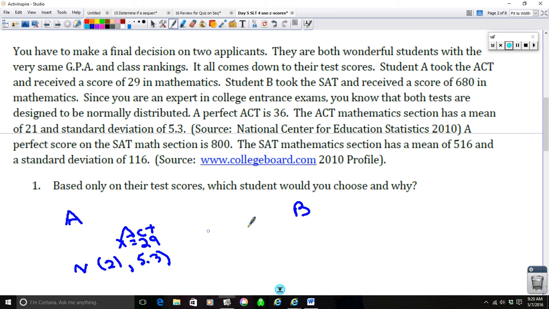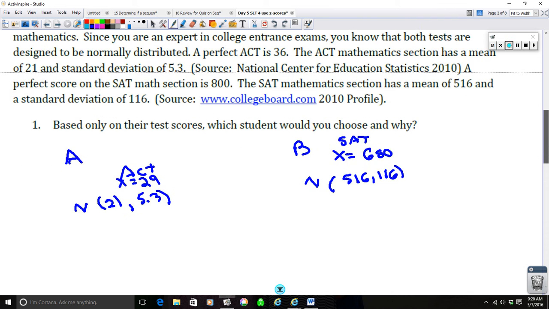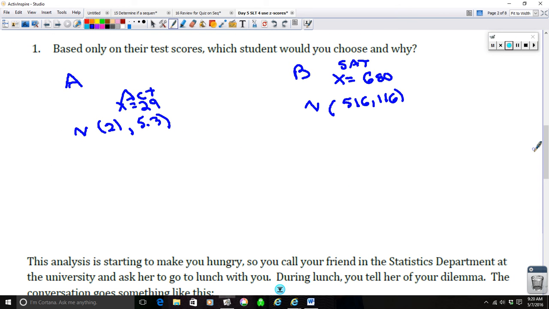Student B scored an SAT score of 680 in, I believe, the math section. And the scores on the SAT are normally distributed with a mean of 516 and a standard deviation of 116 in that year. So based only on the test scores, which student would you choose?